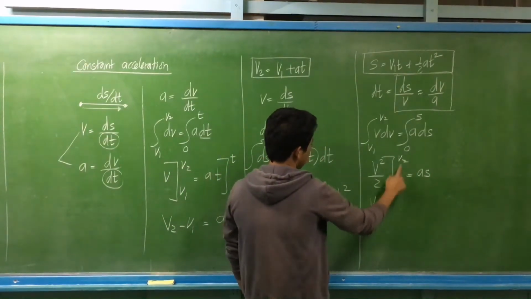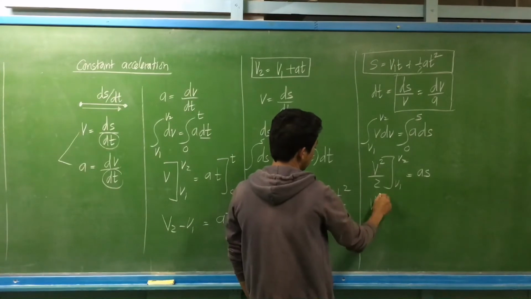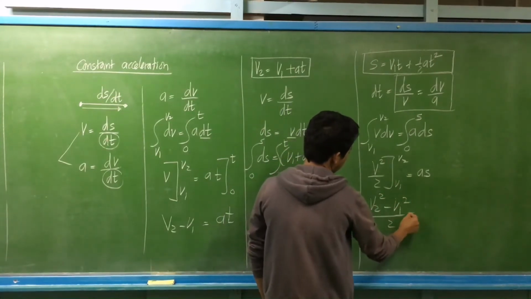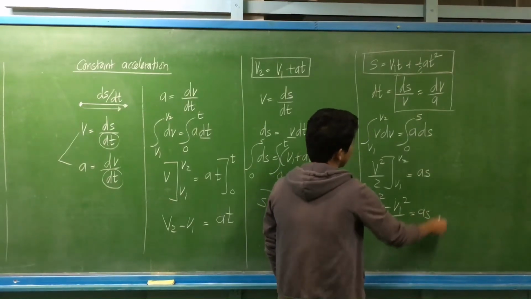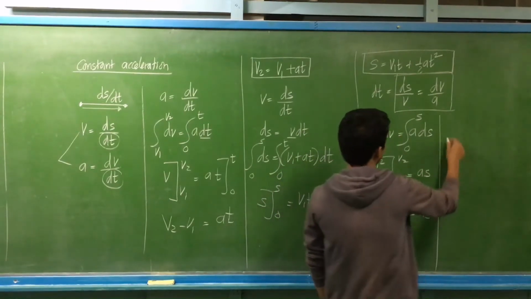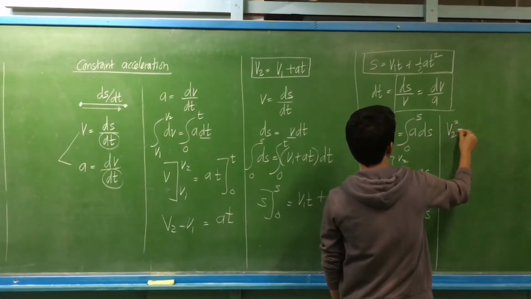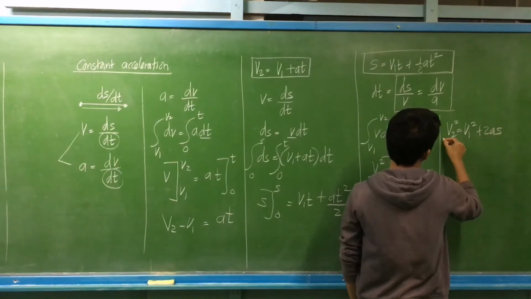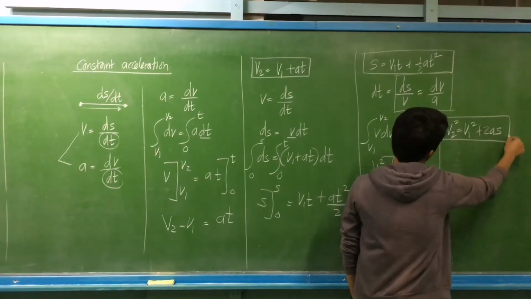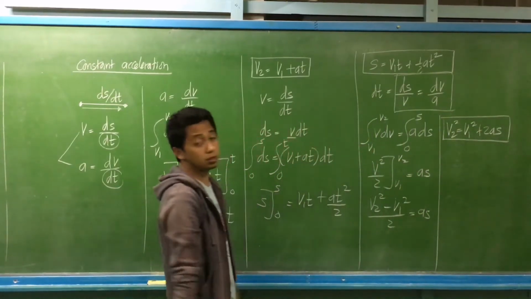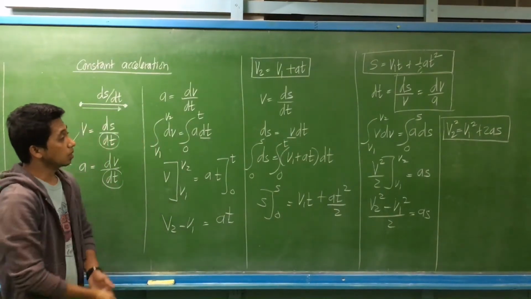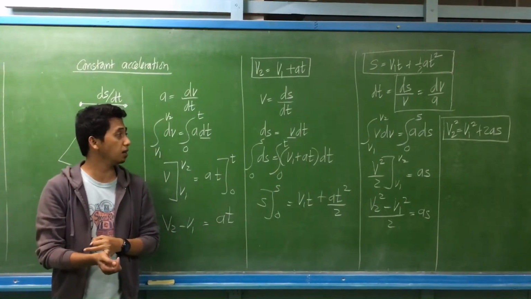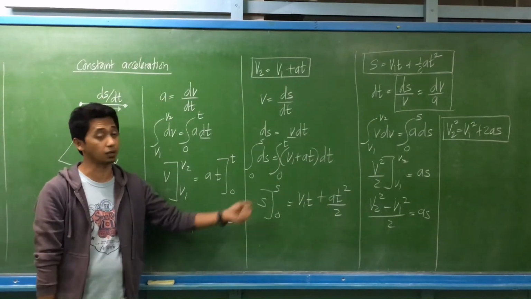We have the upper limit, v sub 2 squared minus v sub 1 squared, divided by 2 is equal to as. If you simplify, this is the same as the final velocity squared equal to the initial velocity squared plus twice acceleration times distance. So we have the third key equation for constant acceleration. We can apply this equation to rotational motion, projectile, vertical motion, etc.